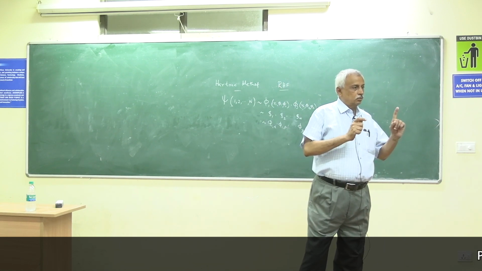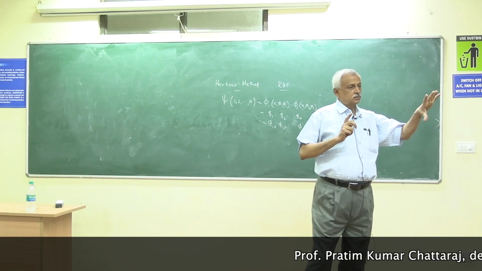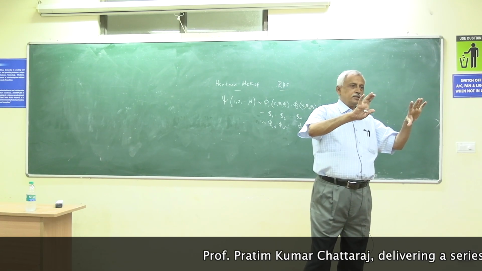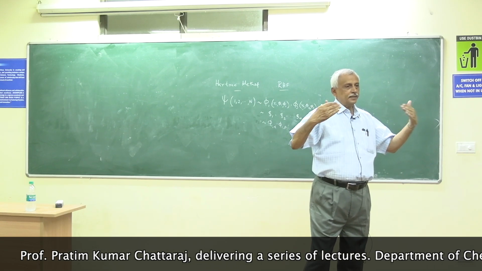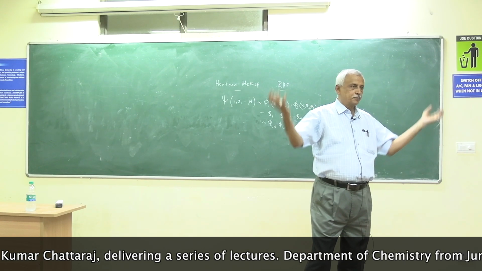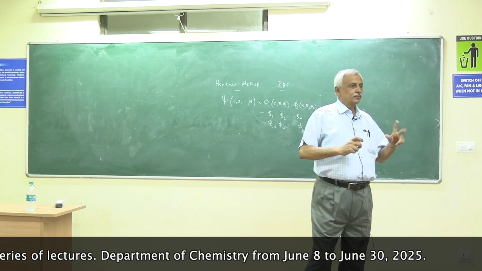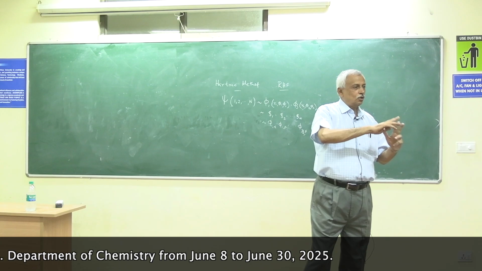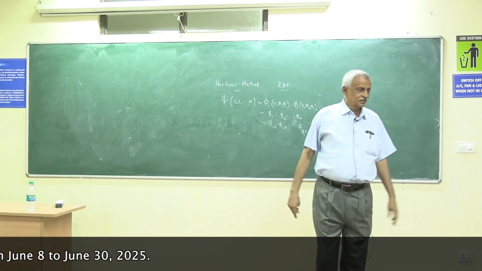So you see, when I write 1s2, the 1s orbital is coming once, then twice, one with the alpha spin, another with the beta spin. When I solve the equation, spin is not taken care of. Spin we put in by hand at the end. So how many will you have? Each one 2. So altogether if you have n electrons, there would be n by 2 orbitals only, isn't it?